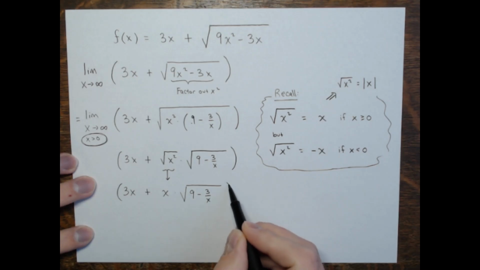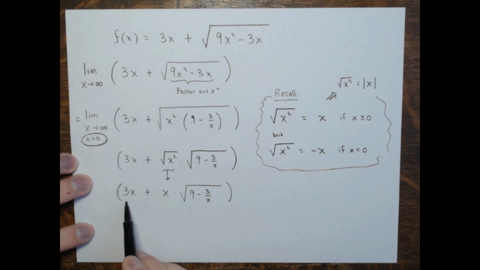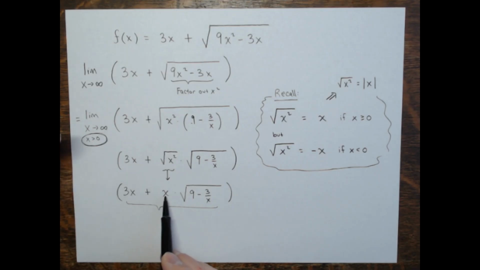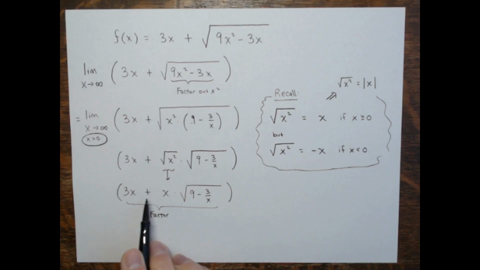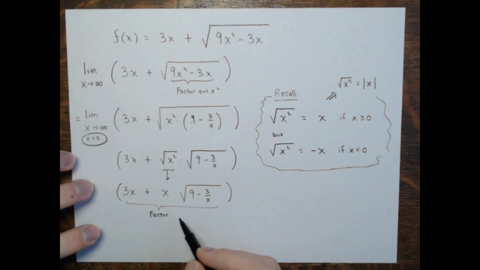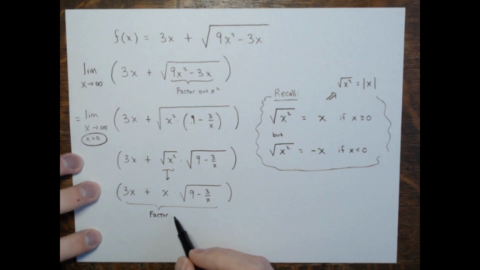Now these two terms have a common factor, right? They both have x to the first in common, so I'm going to factor that out as well. I mentioned that in the previous problem: anytime there are polynomial terms, polynomial factors, I will be pulling out the highest power I see on the variable, just for these limits at infinity.